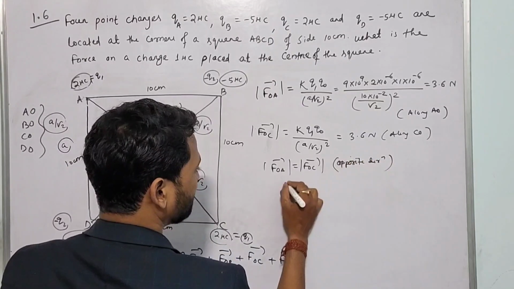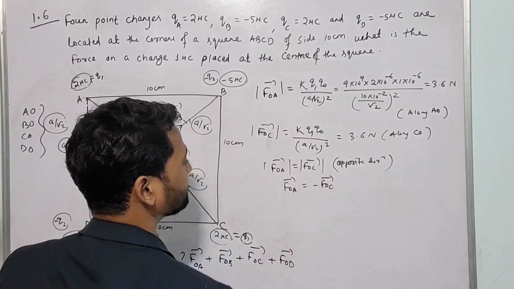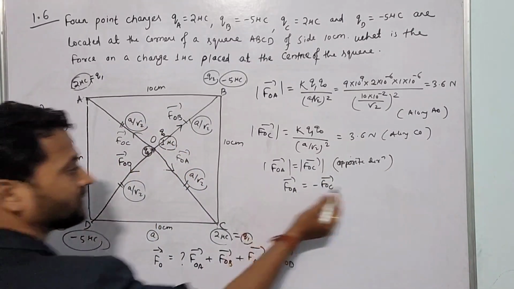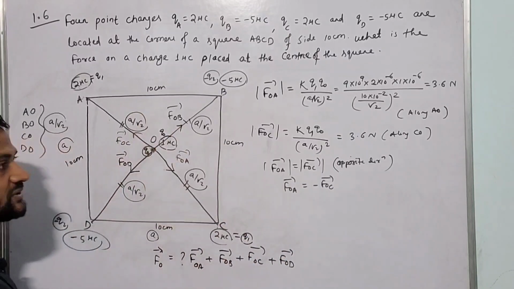Opposite direction. So vectorially you can write force on O due to A will be equal to the negative of force on O due to C. So net force along this axis will be 0.